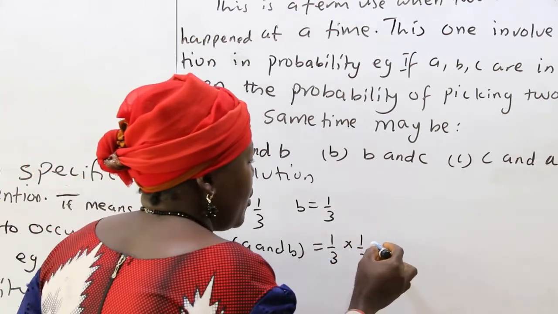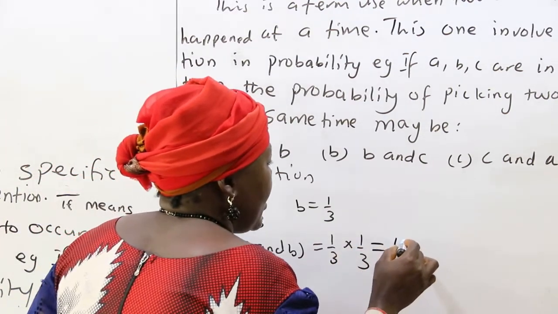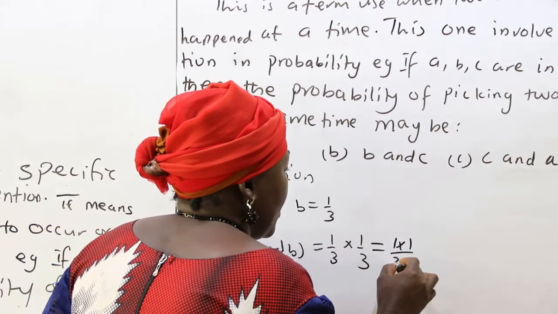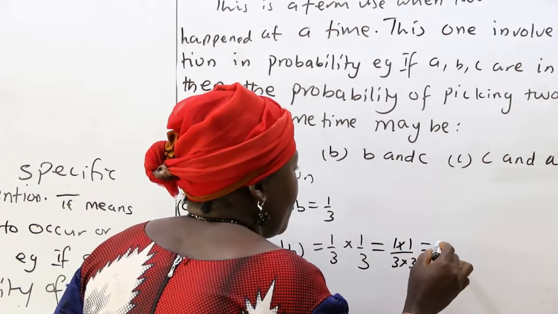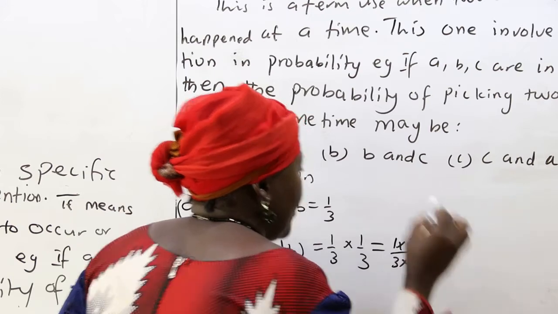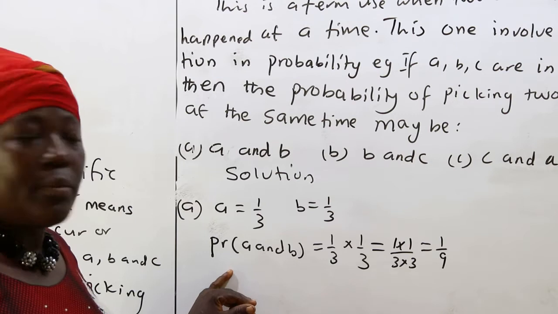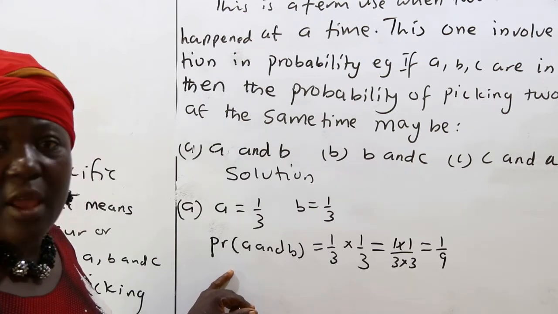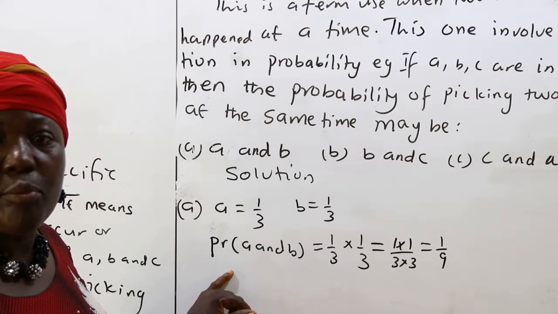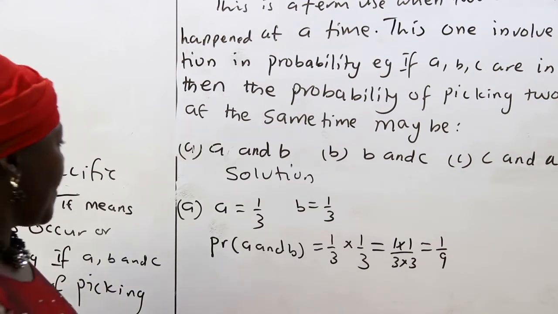So you just multiply the numerators, multiply the denominators, and you are done. So for this one, you are going to have 1 times 1 over 3 times 3, which will give you 1/9. So this is the probability of picking an A and a B. Okay?